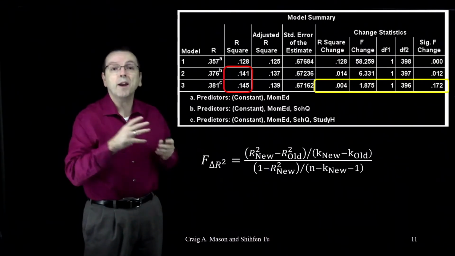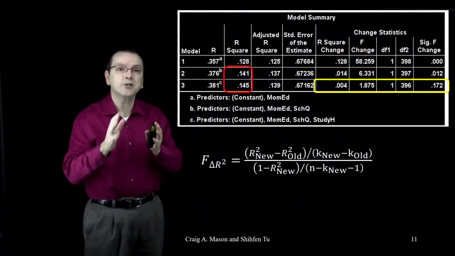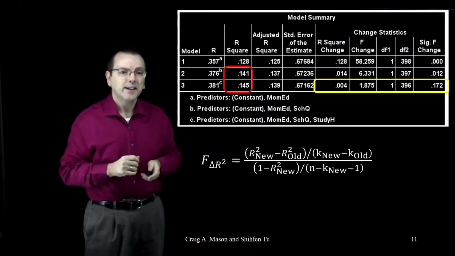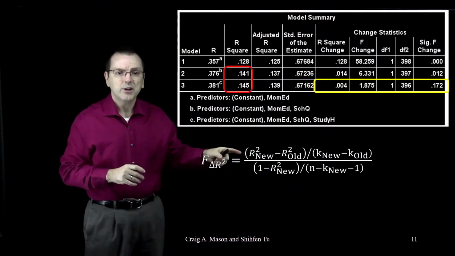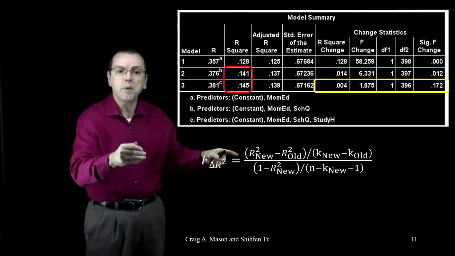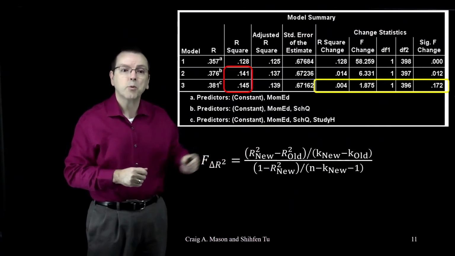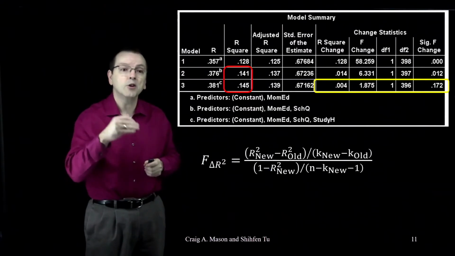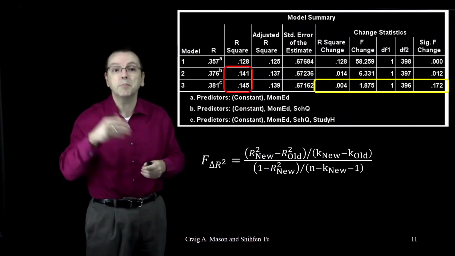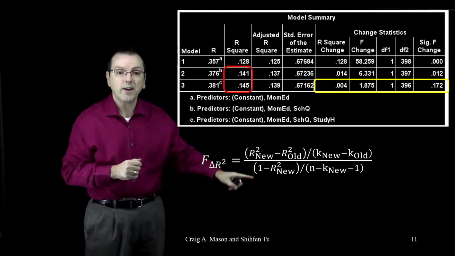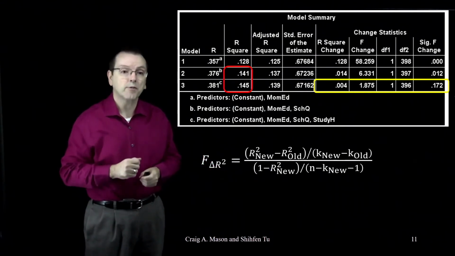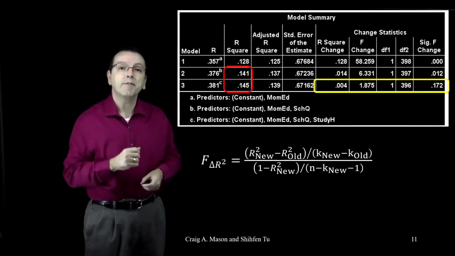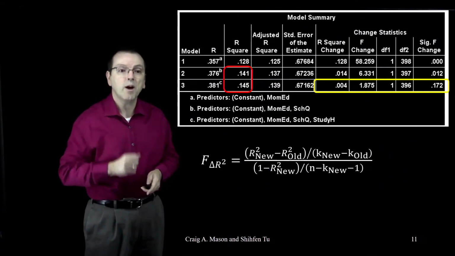Okay? Now, if we want to calculate the F-test for that change in R squared by hand, it's just, again, the R squared for our new model, our current model, minus the R squared for the previous model, divided by the number of variables in our new model minus the number of variables in the previous model. All of that over 1 minus the R squared for our new model, divided by the n minus the number of variables in the new model minus 1.